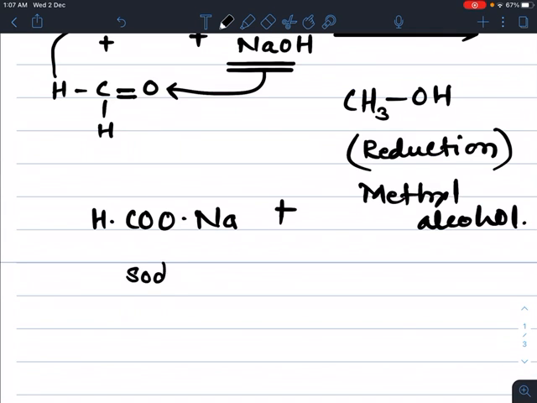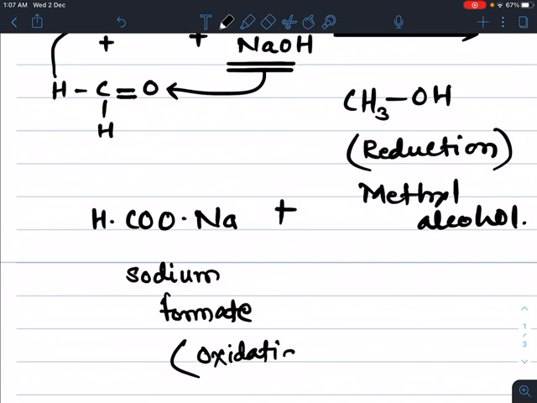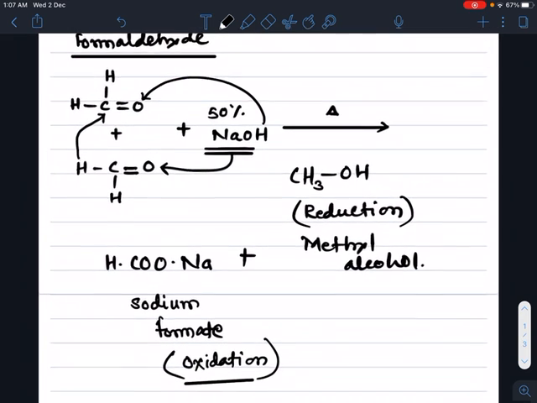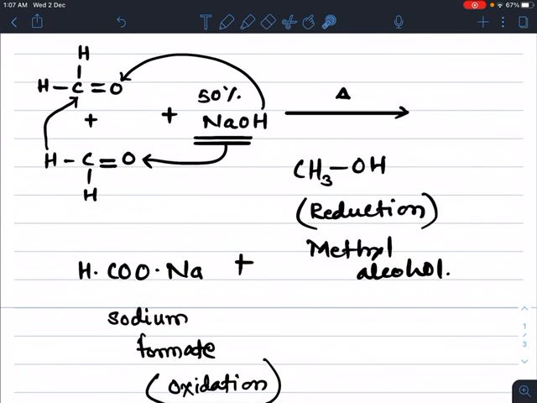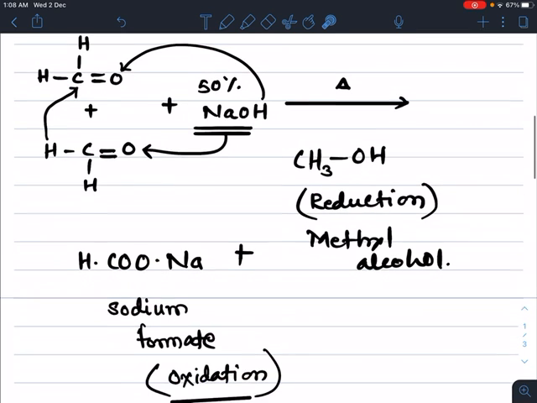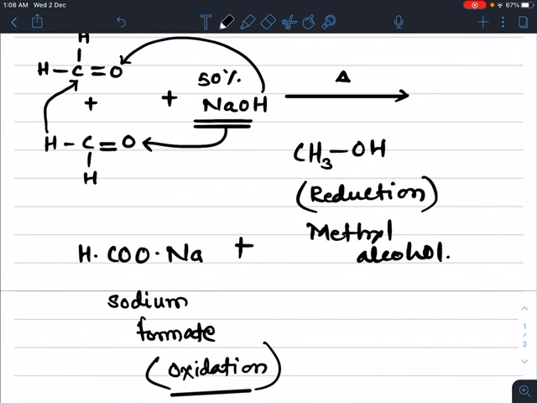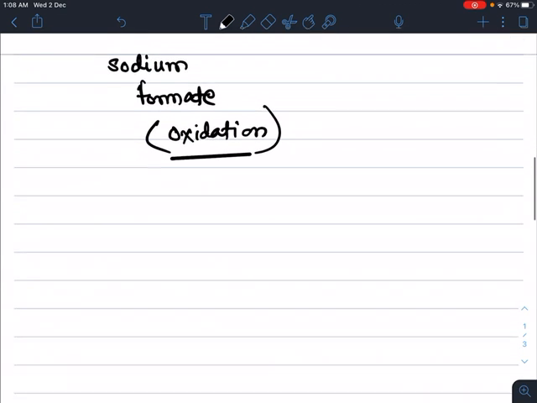So sodium formate is formed, which is the oxidation product of formaldehyde. Even though both are the same aldehyde, formaldehyde, one undergoes reduction and the other undergoes oxidation, and therefore this reaction is called a disproportionation reaction.